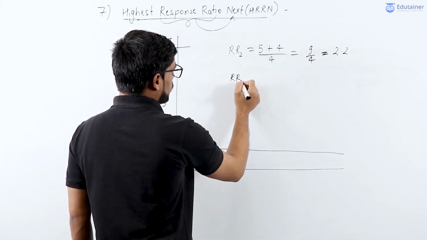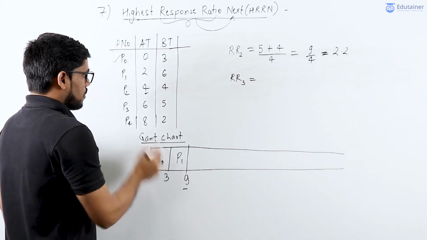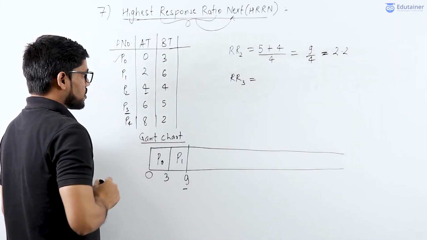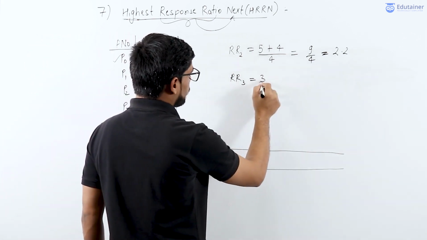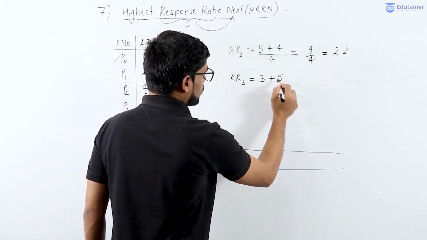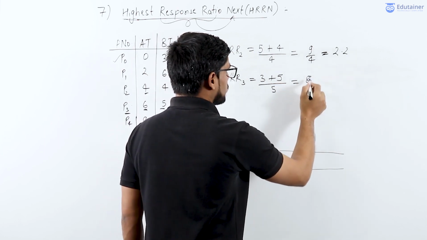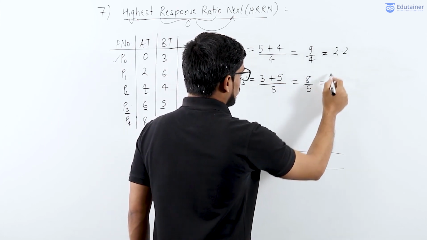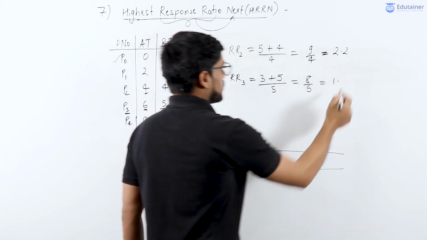Then the response ratio of process P3. The waiting time of P3 is 9 minus 6, which is 3, plus the service time or burst time, 5, divided by 5. 3 plus 5 is 8, and 8 divided by 5 is 1.6.